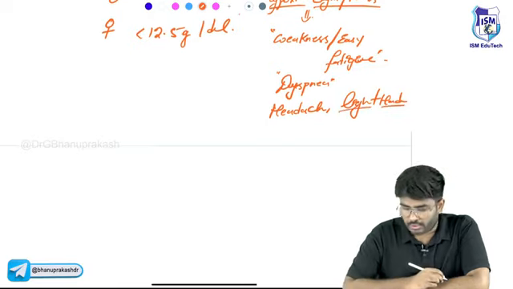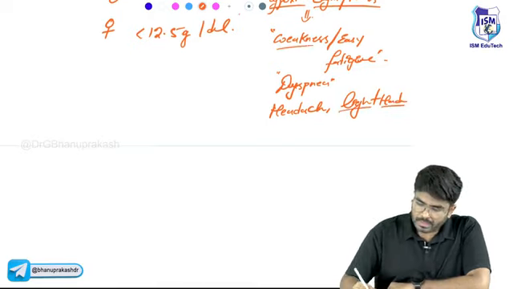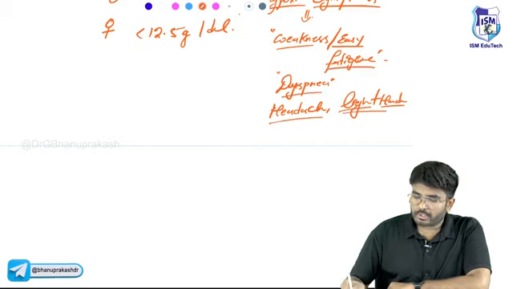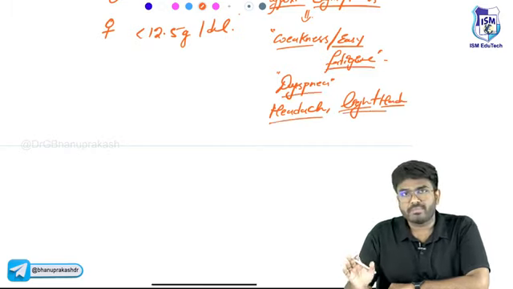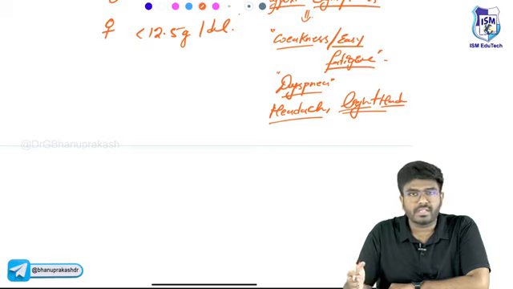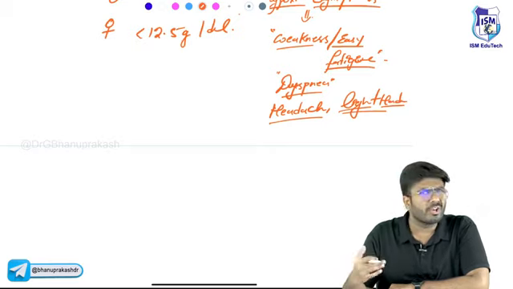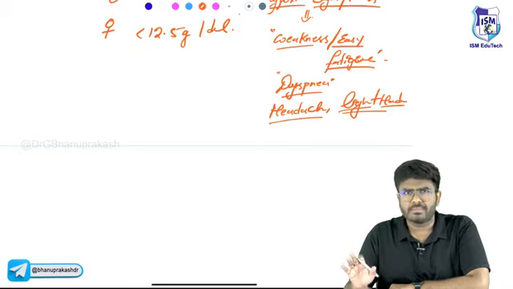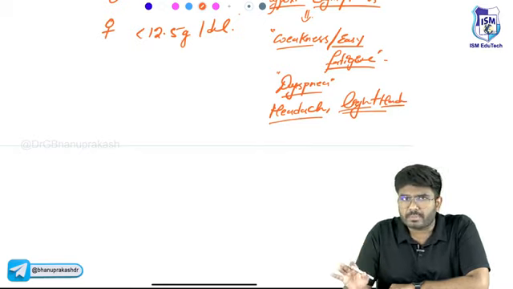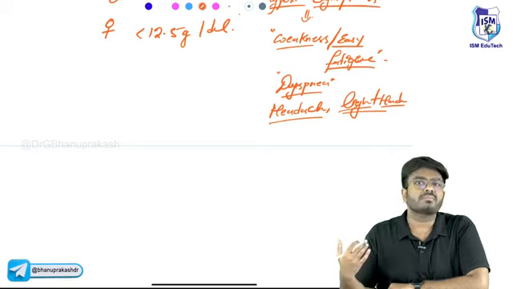The point I want you to know is that these symptoms are going to be the same for all kinds of anemia. It doesn't matter whether the anemia is microcytic, macrocytic, normocytic, or megaloblastic anemia. When the person has anemia, the patient is going to have these same symptoms.